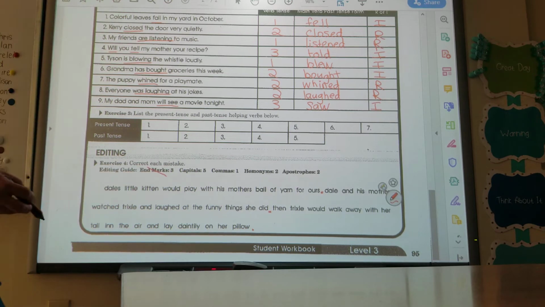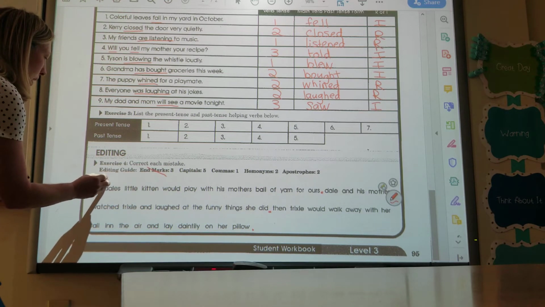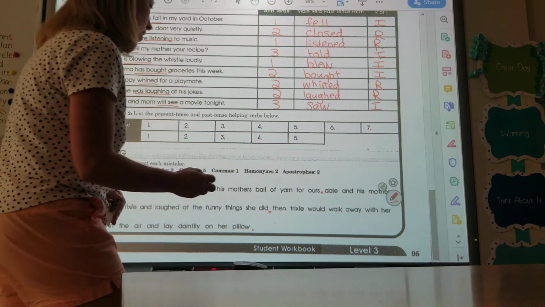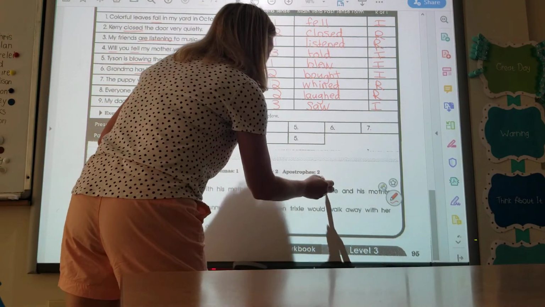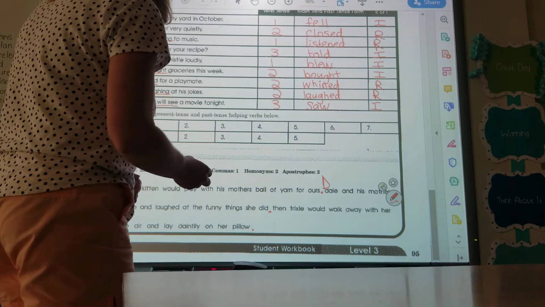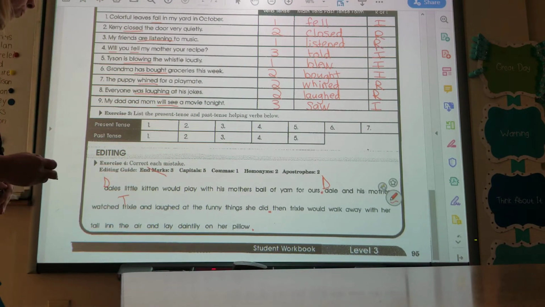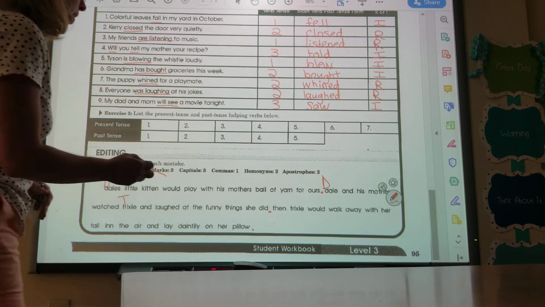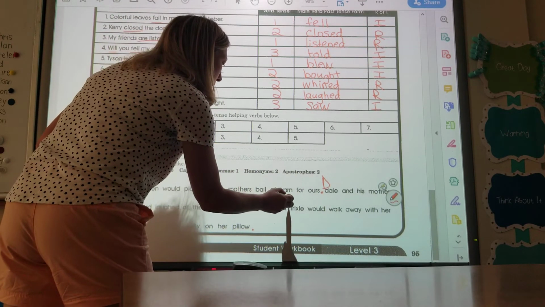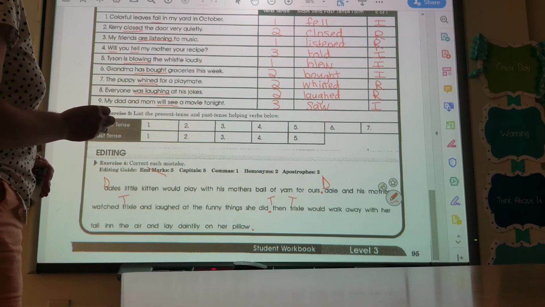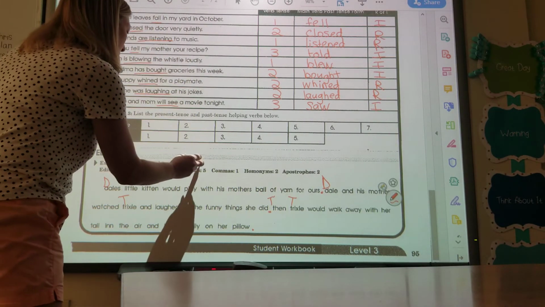Now we're going to do the capitals. I know this is supposed to be a capital D. Dale is supposed to be capital D here. Trixie should be capitalized. Then should be capitalized. And Trixie. So how many do we have? 1, 2, 3, 4, 5. Yep, that's it.